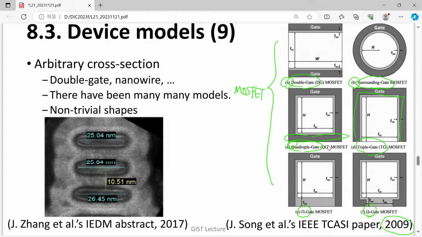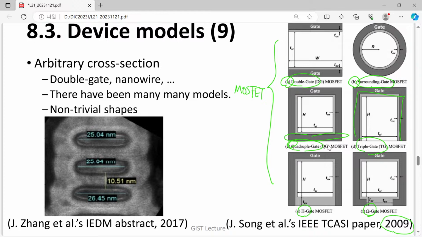I remember that my former boss always complained about so many compact models for slightly modified cross-section shapes. So that was the situation.